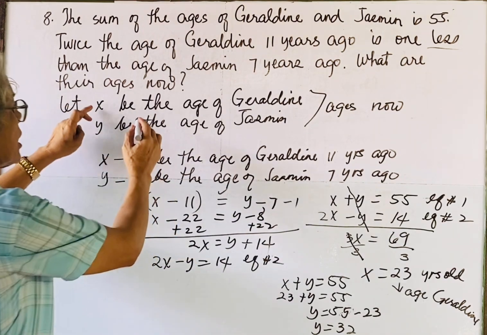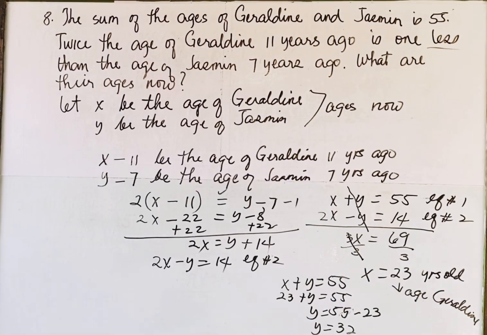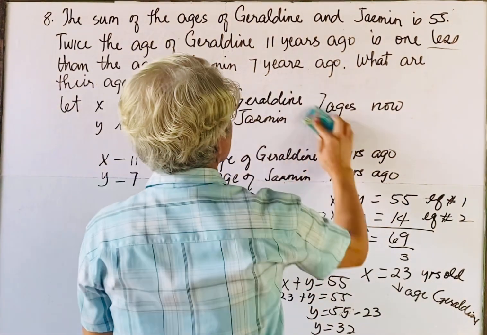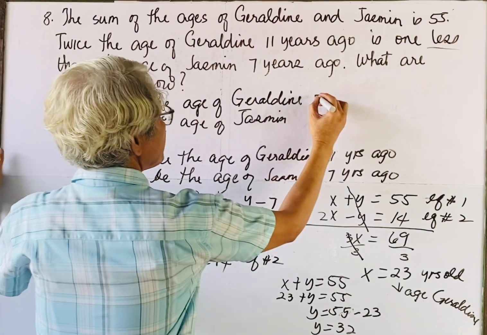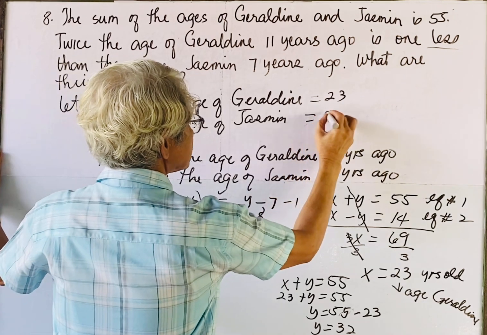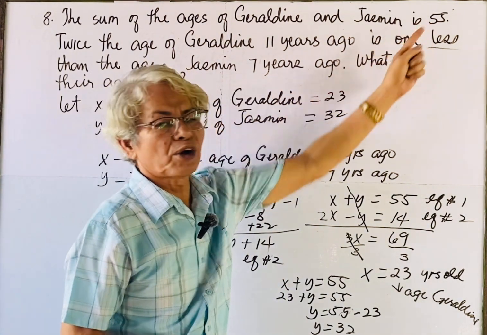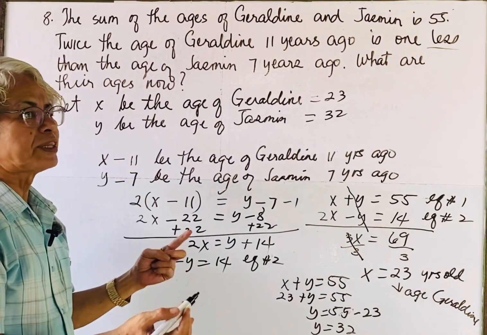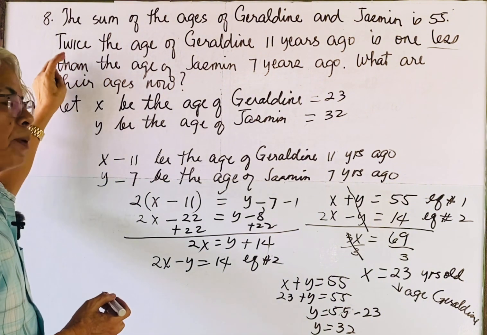So, kung si Geraldine now is 23 and Jasmine now is 32, their sum is 55. Correct? Okay, how about the other scenario that is being mentioned in our problem?